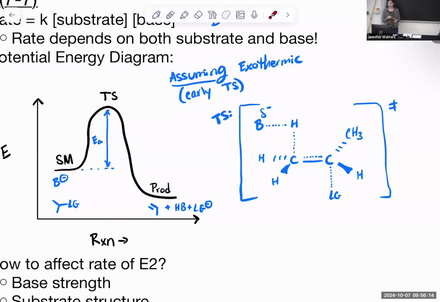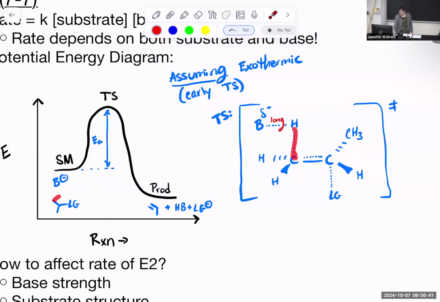I can also assign long and short bonds. So the base hydrogen bond, is that going to be long or short? Long. Why? Because it doesn't exist yet. Remember, the long bonds are the ones that don't exist yet in whatever thing you're closest in energy to. So that one is long. All right, how about that carbon hydrogen bond?